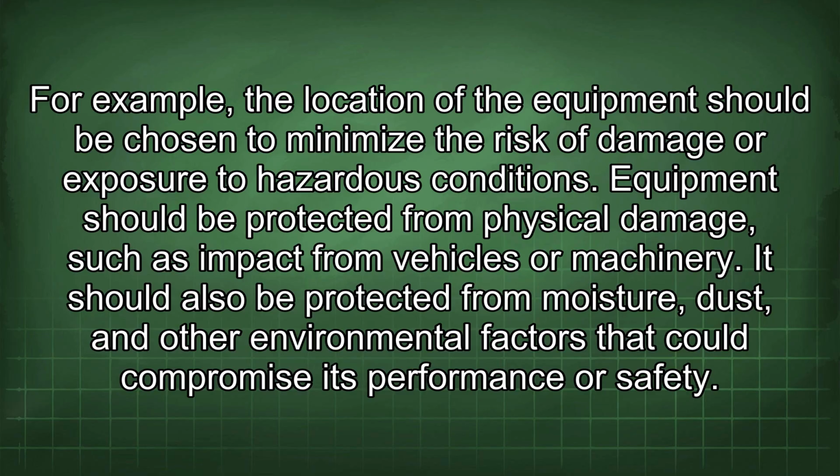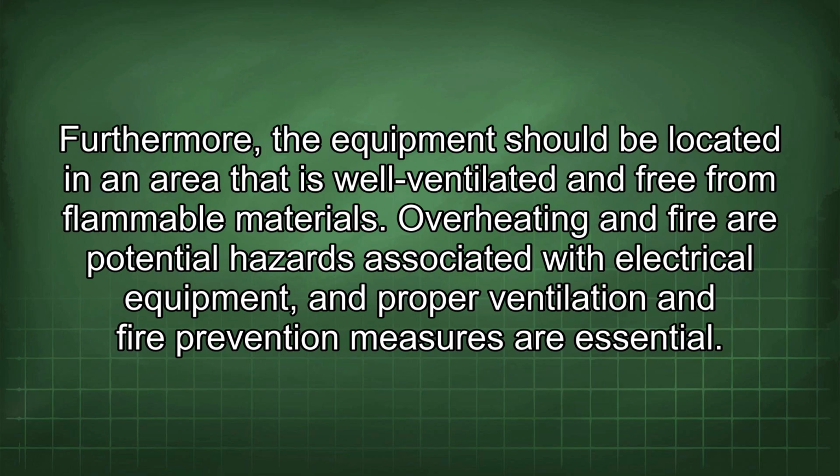It should also be protected from moisture, dust, and other environmental factors that could compromise its performance or safety. Furthermore, the equipment should be located in an area that is well ventilated and free from flammable materials. Overheating and fire are potential hazards associated with electrical equipment, and proper ventilation and fire prevention measures are essential.